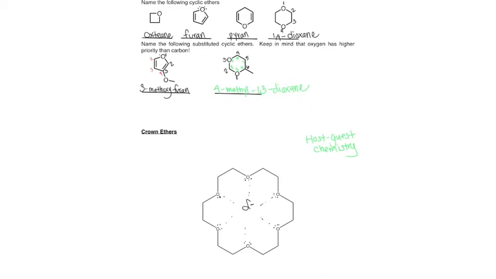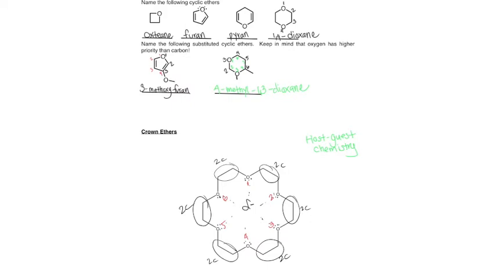How do we name such a huge ether? So there's 2 parts to the crown ether. There's the carbons and the oxygens. So we count the oxygens. That's part of the name. 1, and it doesn't matter which direction we go. 2, 3, 4, 5, 6. So 6 oxygens. And now notice that in between each oxygen, there are 2 carbons. So it's these ethylene units. All right, so how many of those did I circle?